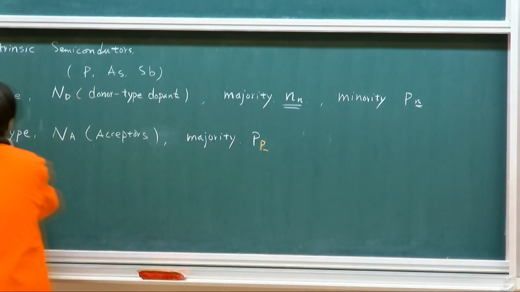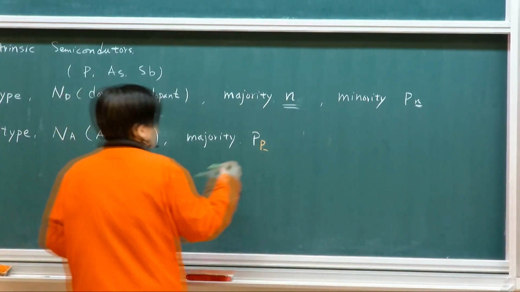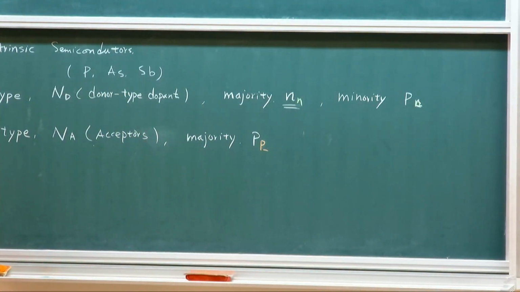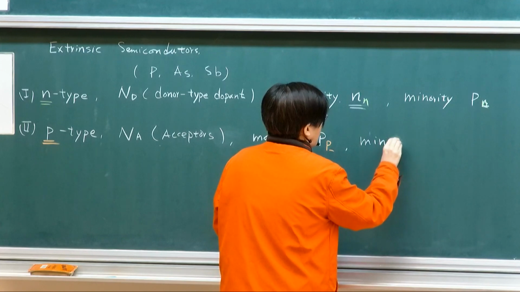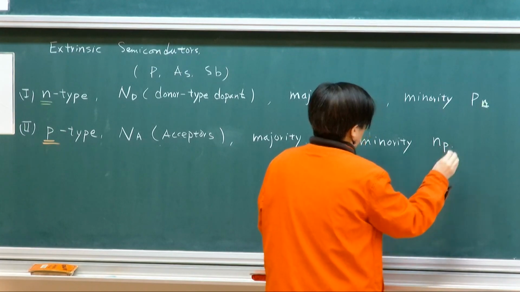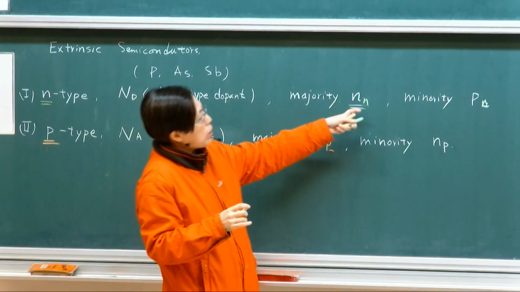This subscript is simply identifying the type, identifying in which type of material. Its majority is holes, and its minority is electron.